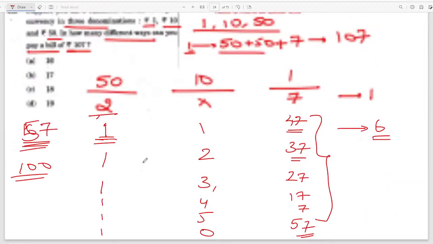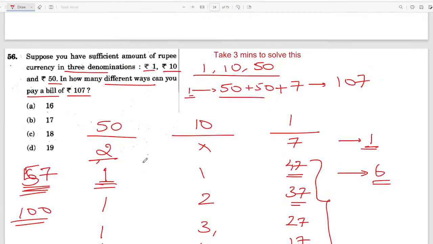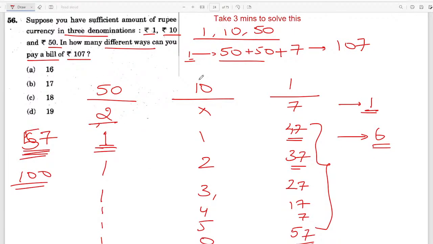Null isn't considered. No, there can even be a case where you don't use any 50 rupee notes or 10 rupee coins. You can pay just with 1 rupee coins. I'm not saying that in all the cases you're not using any of the coins.